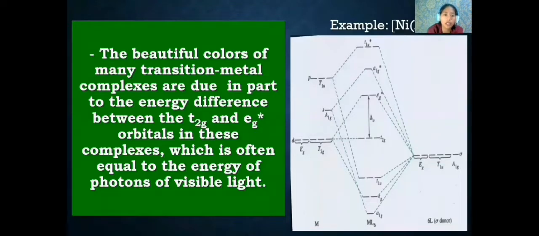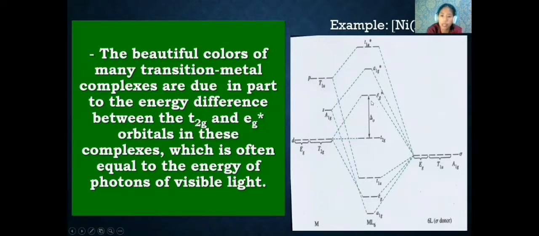So the beautiful colors of many transition metal complexes are due in part to the energy difference between the t2g and the eg* orbitals in these complexes, which is often equal to the energy of photons of visible light. So the difference here is delta O, between the t2g and the eg*.